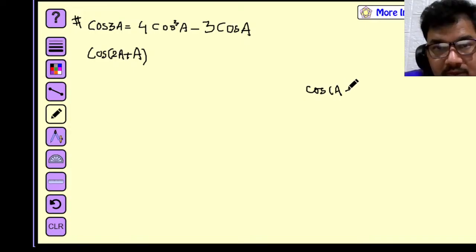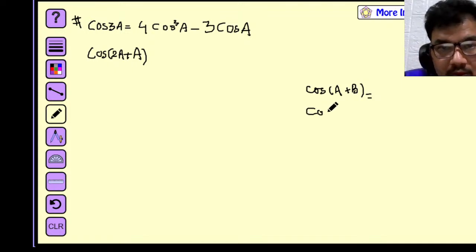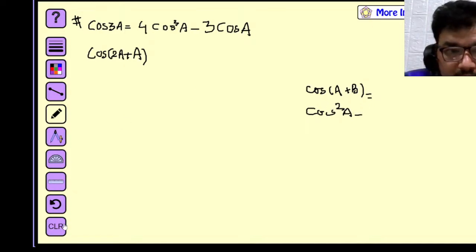If you write cos a plus b, its formula will be cos a cos b minus sin a sin b. This is the compound angle formula: cos a into cos b.